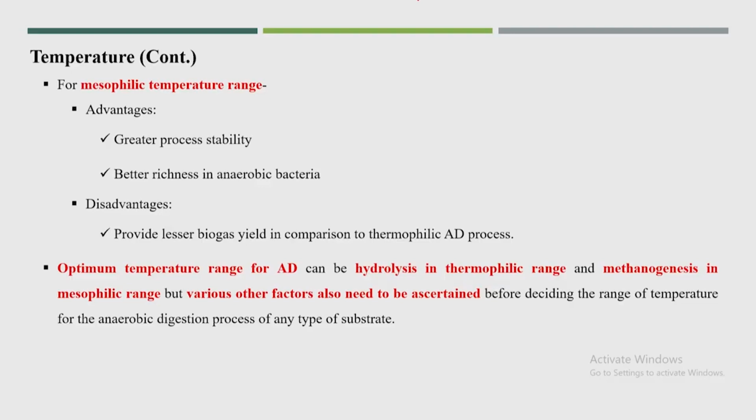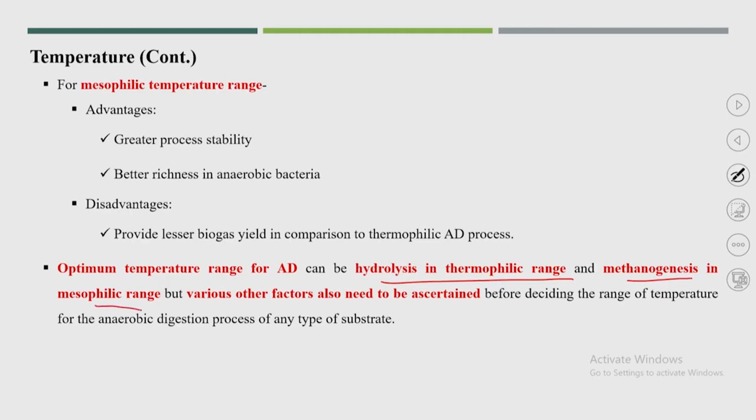But the optimum temperature range of anaerobic digestion can be hydrolysis in the thermophilic range and methanogenesis in the mesophilic range, but various other factors also need to be ascertained before deciding the range of temperature for the anaerobic digestion process. So, here it is explaining that hydrolysis could be done at the thermophilic range and methanogenesis will be in the mesophilic range.